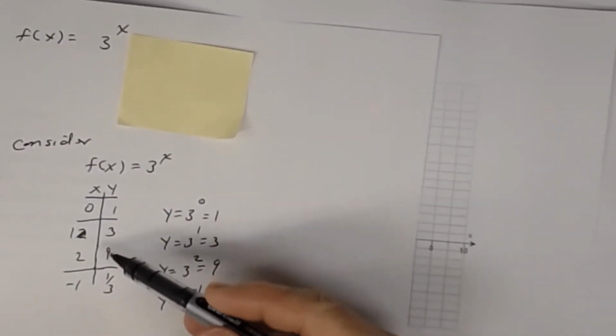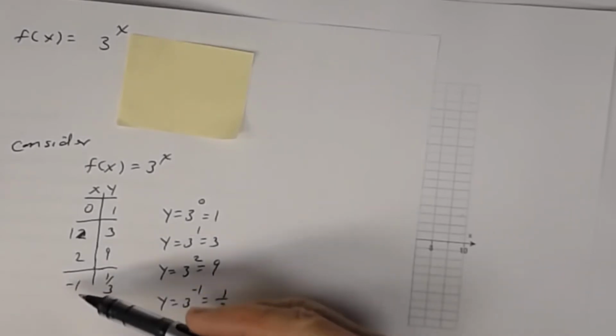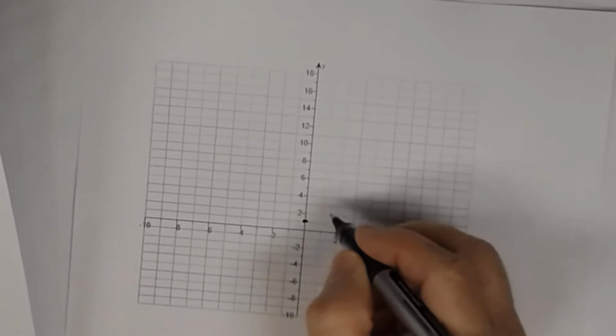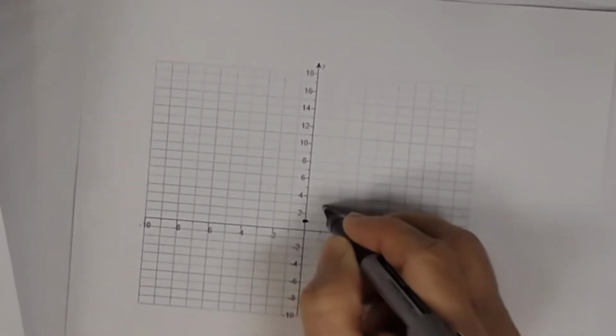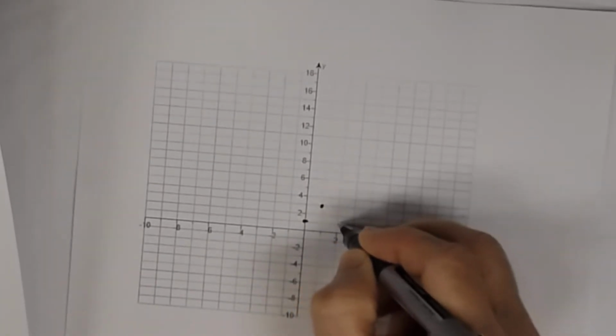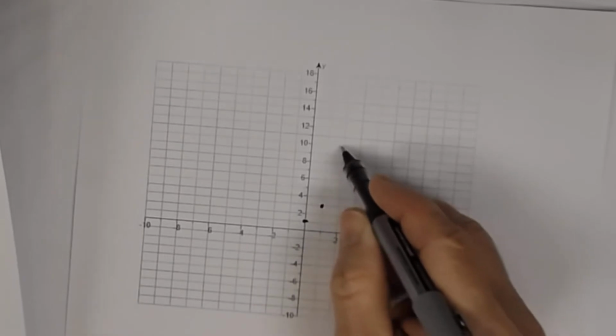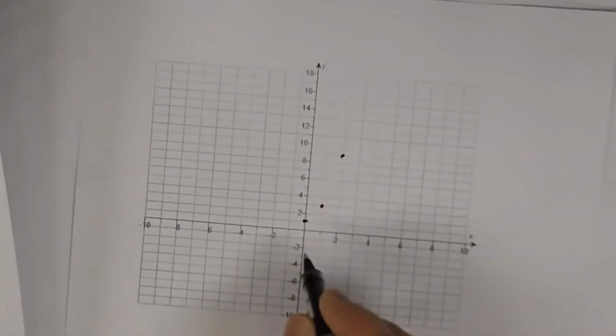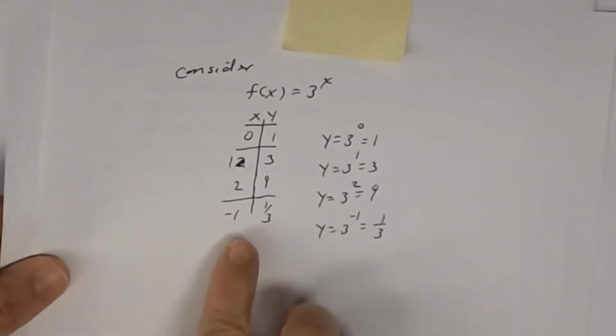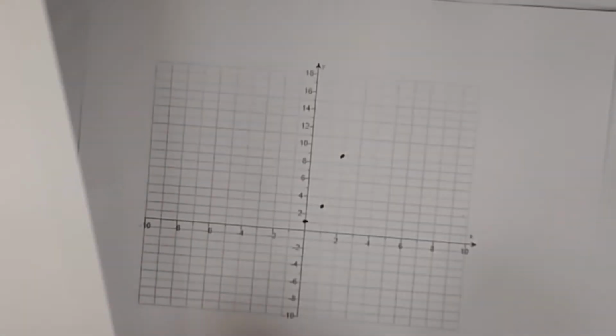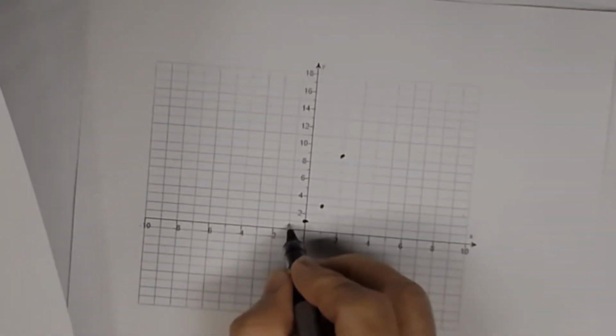If x is 1, we got y to be 3, so (1, 3) is here, (2, 9) is here, and then we're going to estimate this one, since that's a fraction. So (negative 1, 1/3) is about here.